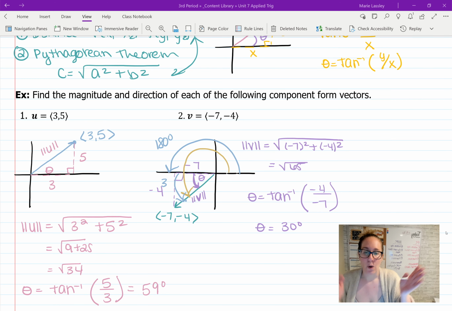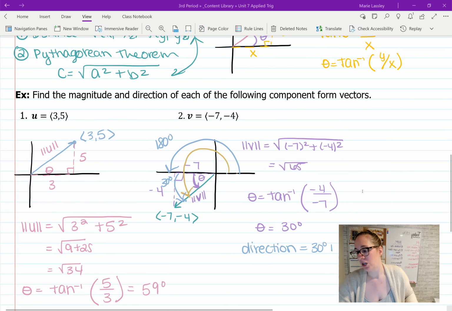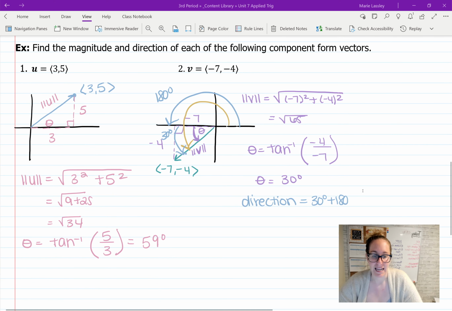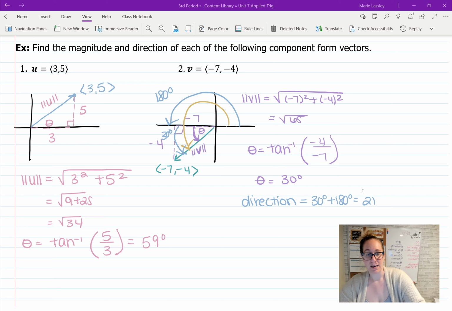Guess what we're going to do? We're going to add them together. So our actual direction is going to equal 30 plus 180, which is 210. So our actual direction of our angle is 210 degrees. That is our final answer for that one. Magnitude, square root of 65, and the direction, 210.